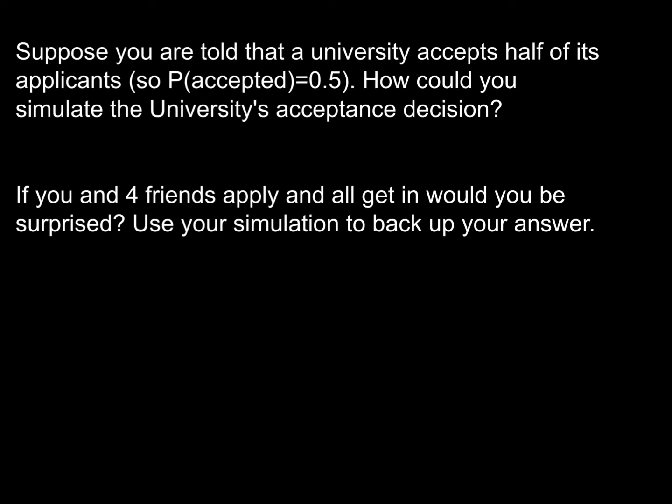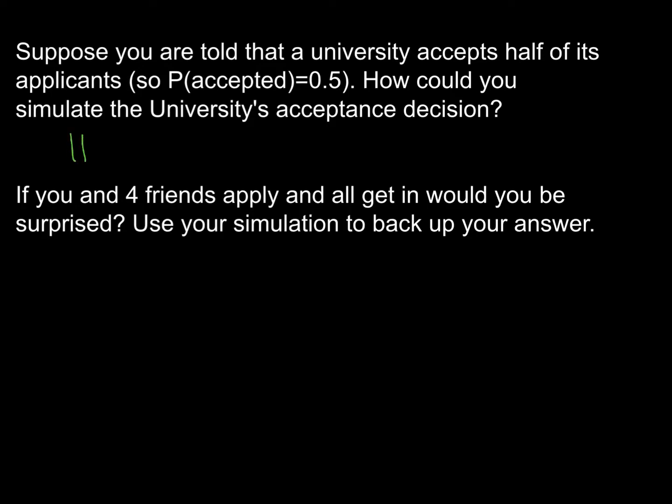The way that I like to think of anything that has a probability associated with it of 0.5 is to use a coin. You can assume that a coin is fair, and if you toss it up in the air, it should have a 50-50 chance of either landing heads or tails. So how could you simulate the university's decision? Well, you could pick one side to be heads.